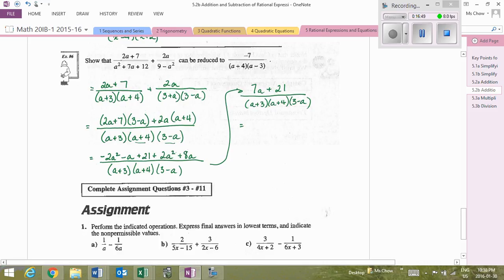So I expand all of that, no negatives, no subtraction to worry about, so collect like terms, we're left with 7a plus 21, conveniently a common factor of 7, so a plus 3 is there.